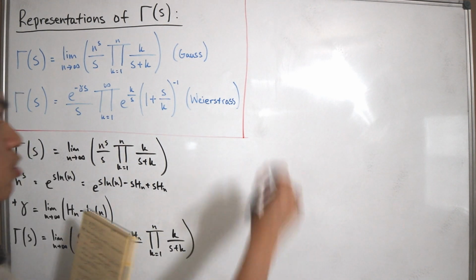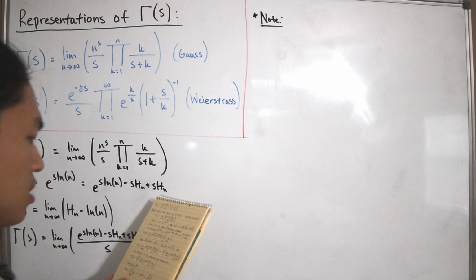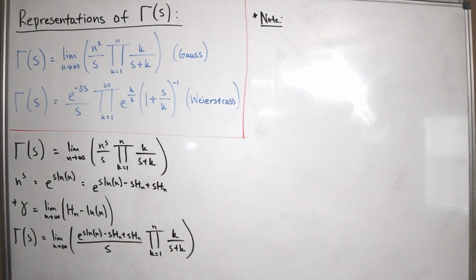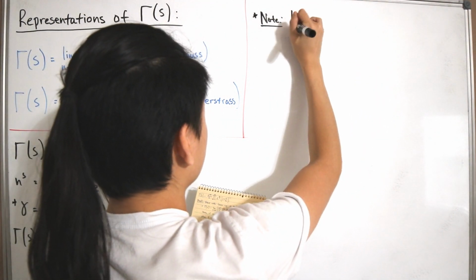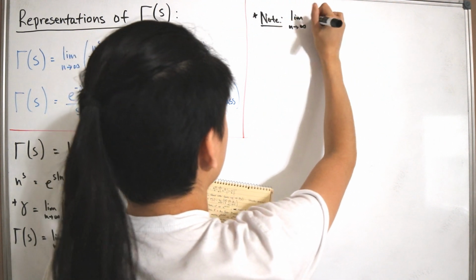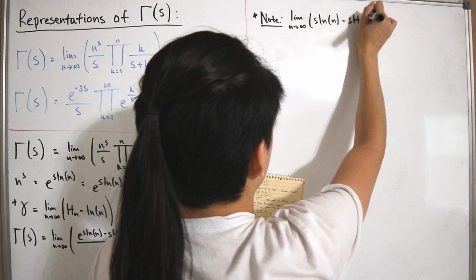Let's note something we want to consider: we're going to pay attention to commutativity. Specifically, we're looking at s times ln of n minus h sub n. If we pay attention to that as we take the limit for continuity's sake, as n approaches infinity, s ln of n minus s h sub n.